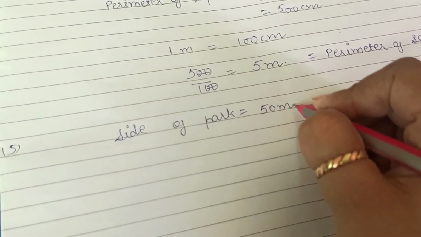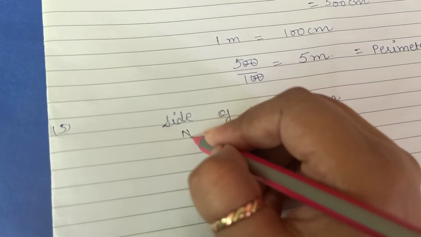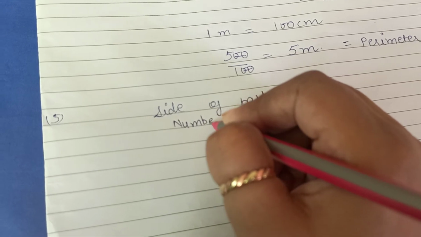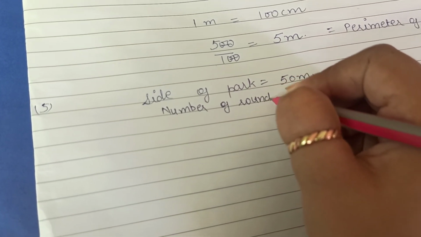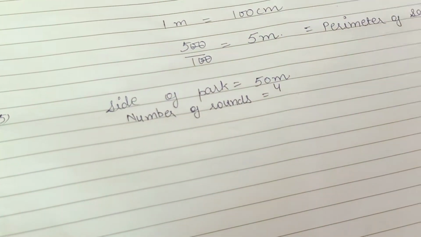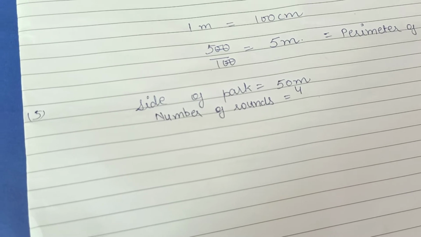Right? And she took 4 rounds. So number of rounds equals 4. Now what is the distance covered by her?